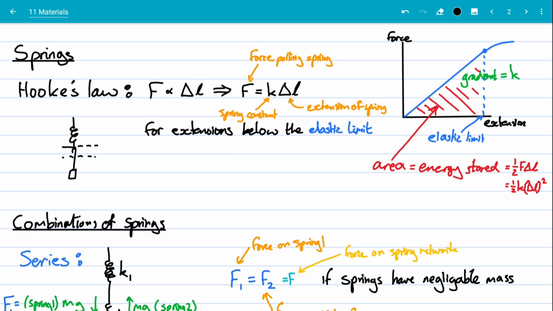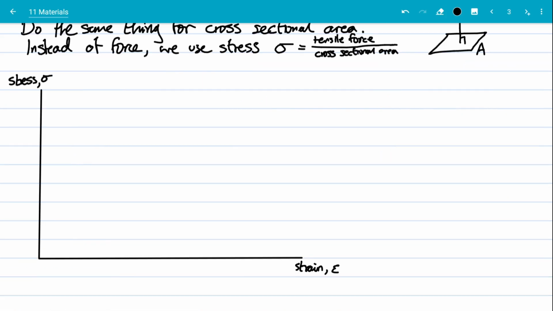We could do the same thing here for stress and strain. So we pull to a certain proportional increase in length, and that way we don't care what the actual original length was. We're only looking at the proportional side of it. And then for the stress, it looks like I've written stress. There's definitely an R in there. Let's rewrite that. For the stress, we can measure the force and the cross-sectional area to determine what that stress is.